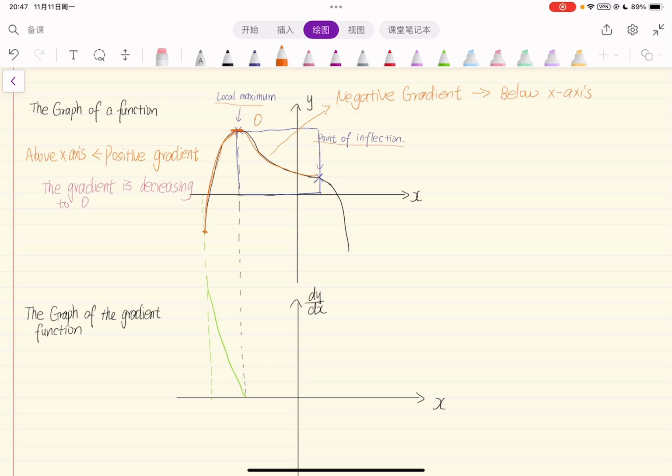And let's go along this curve. We can see the gradient is decreasing, and then it rises up a little bit, which means it turns to increase and reaches the point of inflection, which has a gradient of 0.